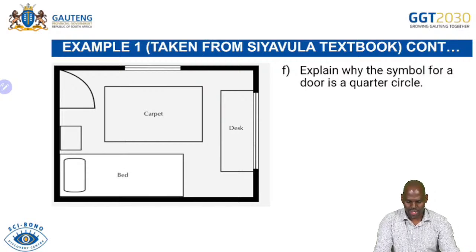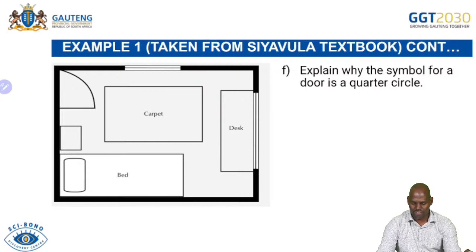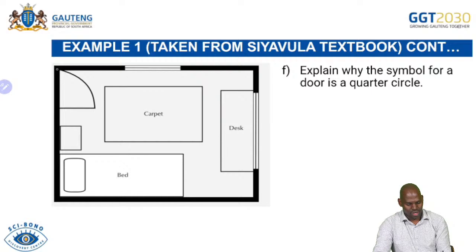Okay, then the next question is: explain why the symbol for a door is a quarter circle. Now, remember we said this is the symbol of a door and it indicates on which side the door is going to open. So this one means the door only opens about a quarter of a circle.